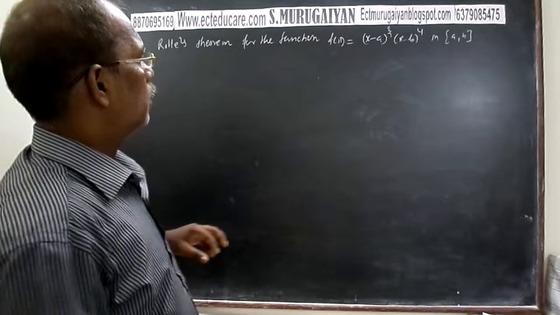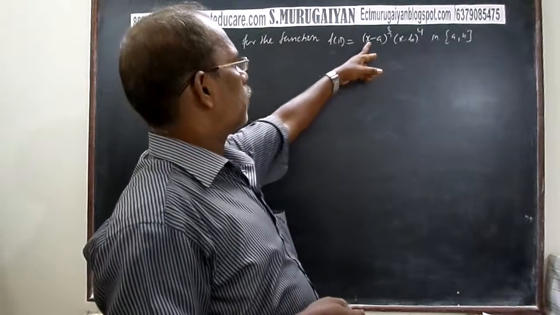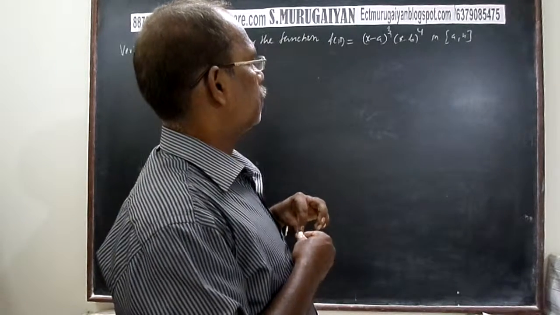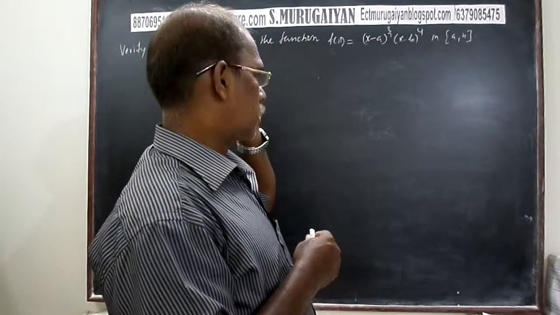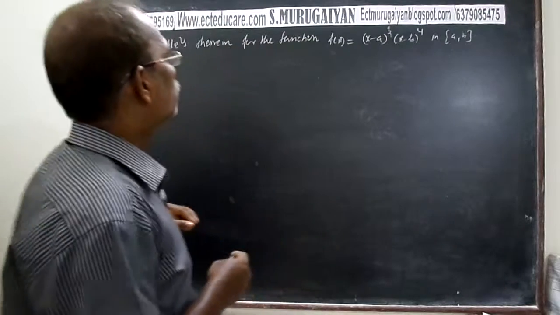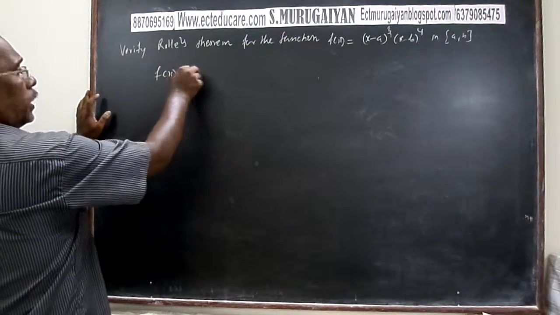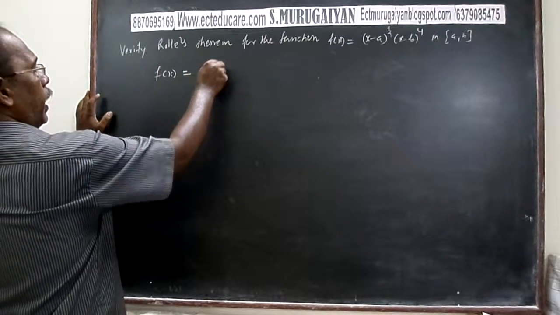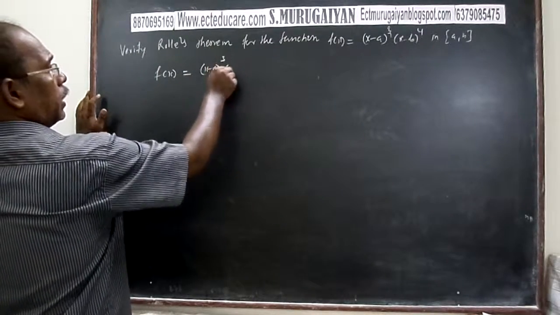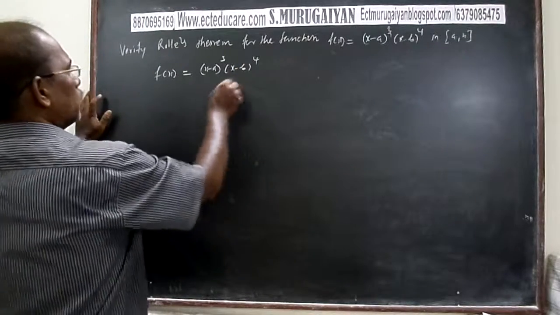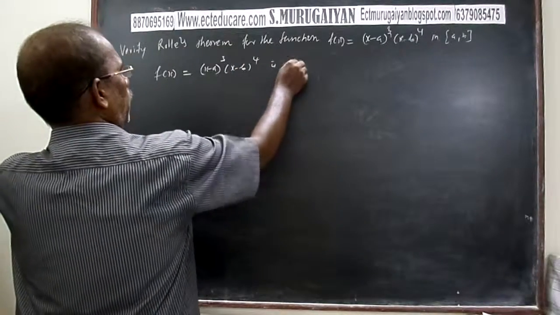The function f of x equals (x minus a) the whole cube, (x minus b) the whole power 4 in the closed interval a comma b. So let us start by taking the question first. (x minus a) the whole power 3 times (x minus b) the whole power 4 is a polynomial function.